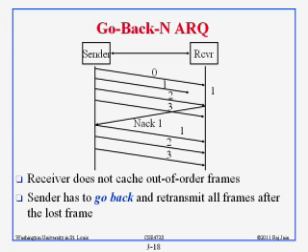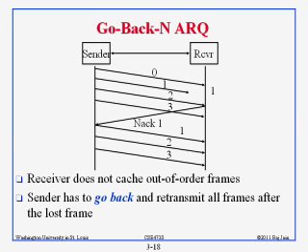If you choose the option where you send everything including 1, that is called go back N. That means I am going to go back and retransmit everything, even though you just didn't get 1, I am going to send you 1, 2 and 3. The other option is coming in the next slide.